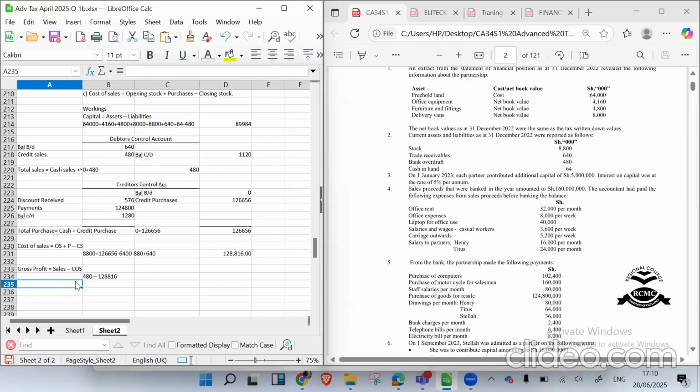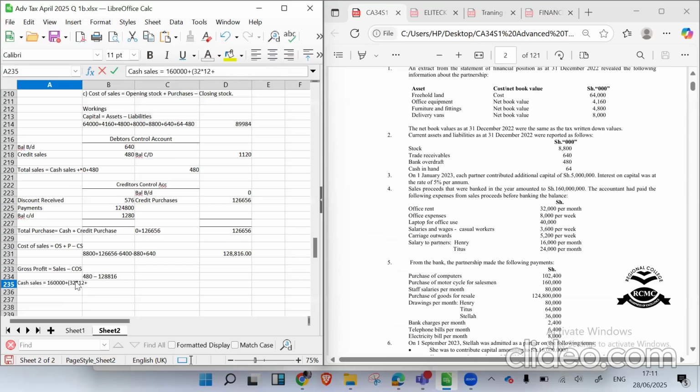Let's just talk about cash sales equals to 160,000 plus, let's put this in brackets. So note number 4, do we do 32 times 12? 32,000 per month.